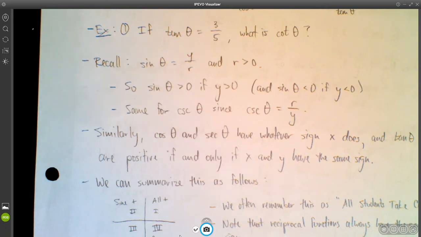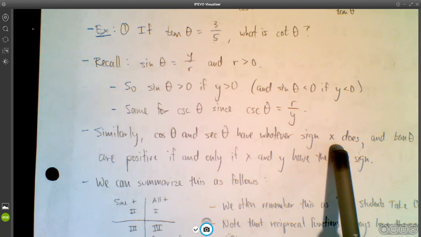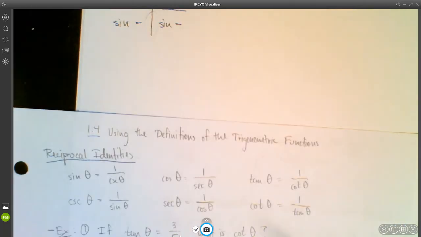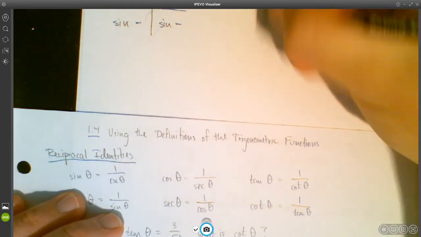Cosine is x over r, and secant is r over x. And again, r is always a positive value, so cosine and secant have whatever sign x does. That means that cosine and secant are going to be positive in quadrants 1 and 4, right?